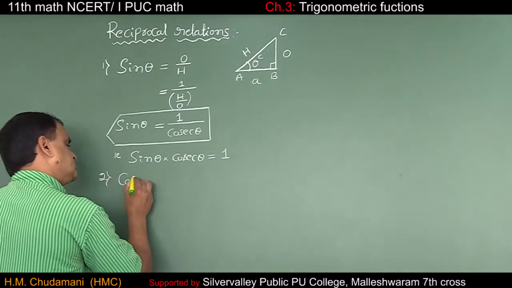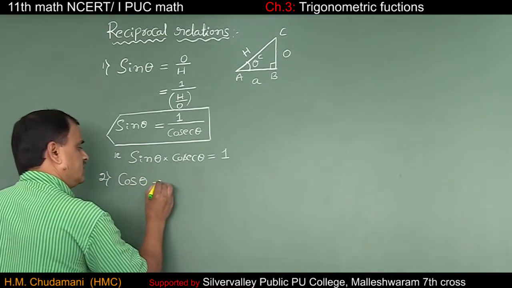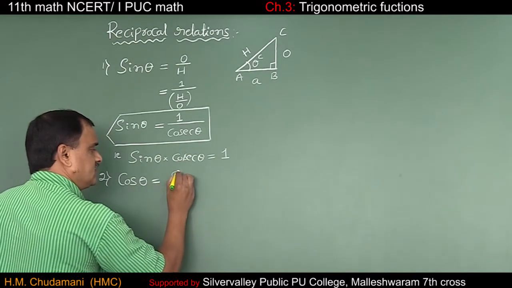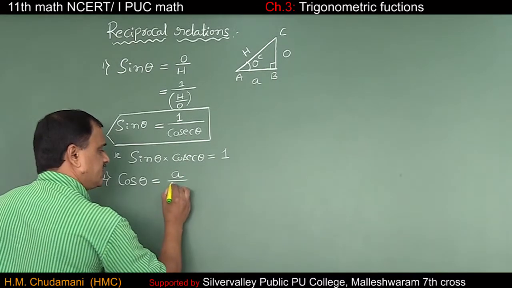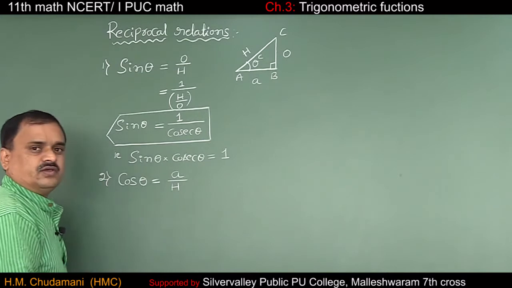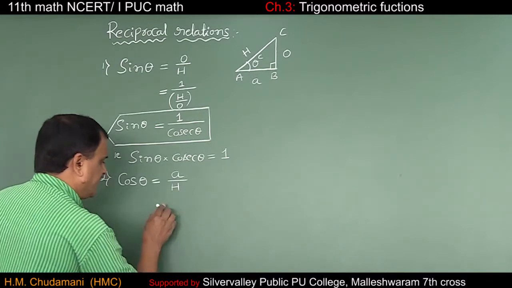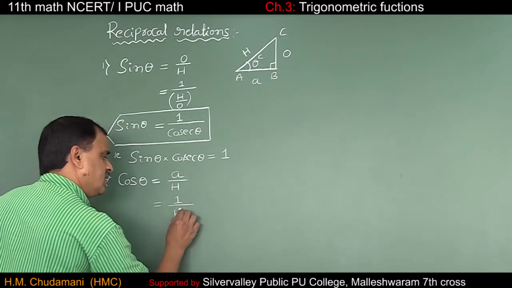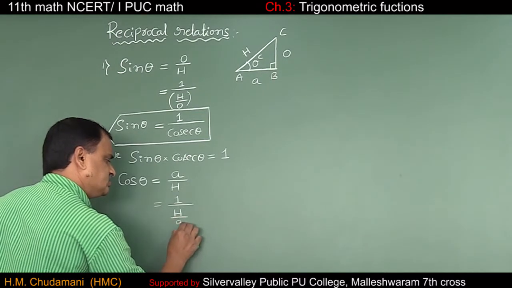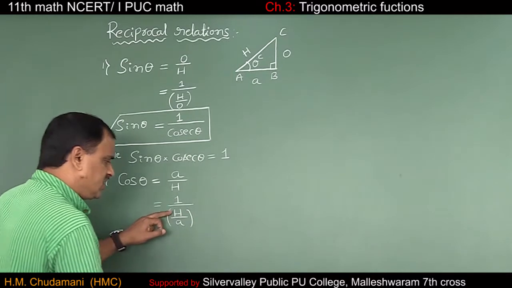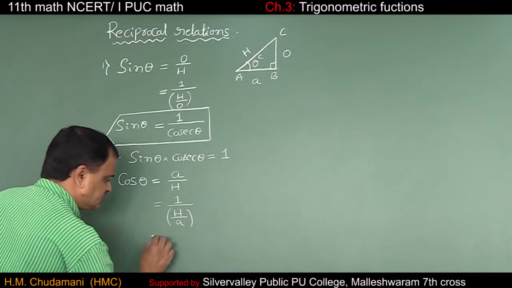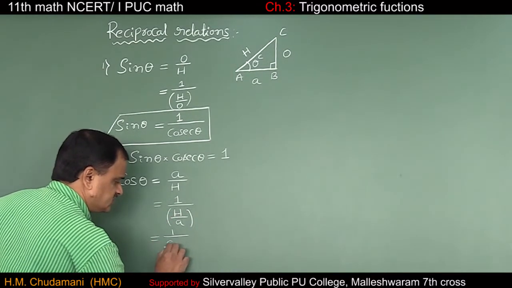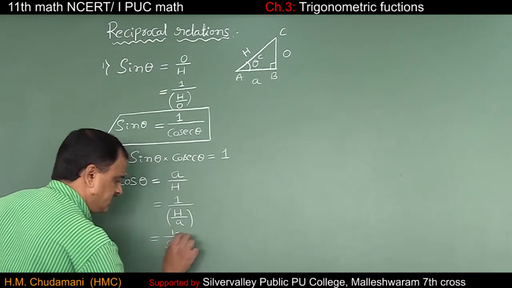Then cosine of the angle theta, as per the definition, is adjacent side divided by hypotenuse side. We can write this as 1 divided by hypotenuse divided by adjacent. What is hypotenuse side divided by adjacent? It is nothing but secant of the angle theta.